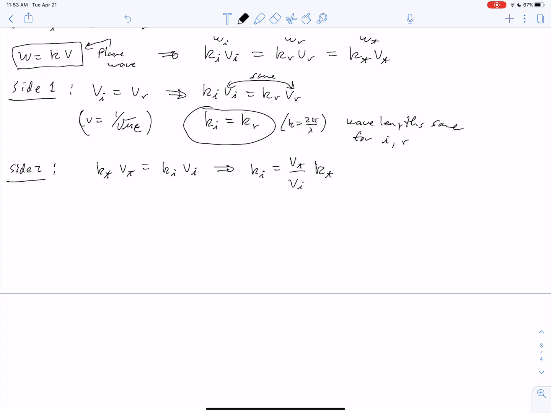That's a relationship between the incident and transmitted wave vectors. The ratio of these velocities, V transmitted over V incident, is simply equal to the index of refraction on the incident side divided by the index of refraction on the transmitted side, n1 over n2. So Ki is equal to n1 over n2 times Kt.